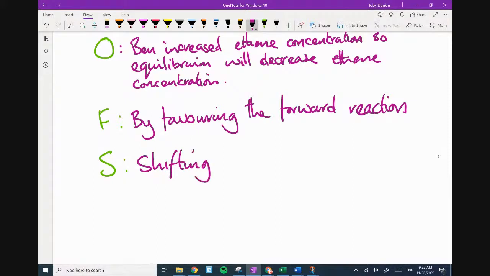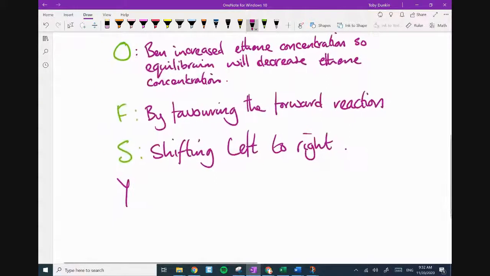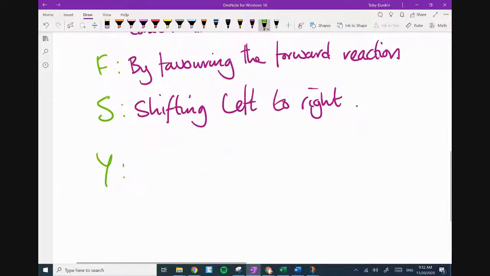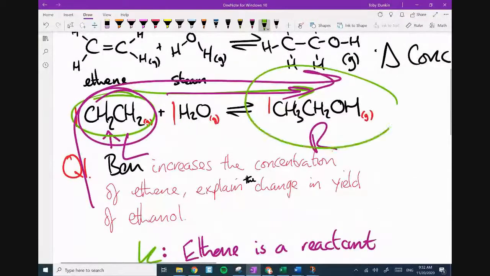Shifting left to right. And the yield, KOFSY. Therefore, what's going to happen to my yield if I'm shifting to the right?